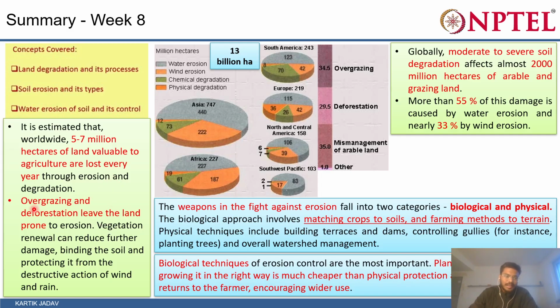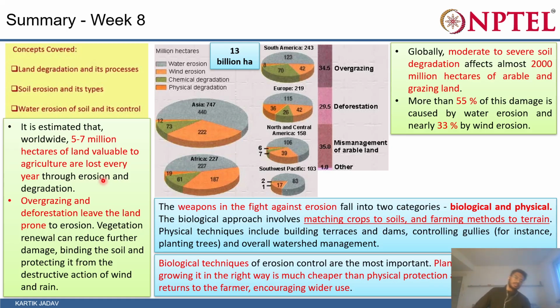Now in agricultural land also, what are we doing? For cultivation of any crop, we are making the field plain. We are doing tillage operations, that is primary tillage, secondary tillage, tertiary tillage, depending on the crop requirement, right? So all that we are doing opens up the field before rain.